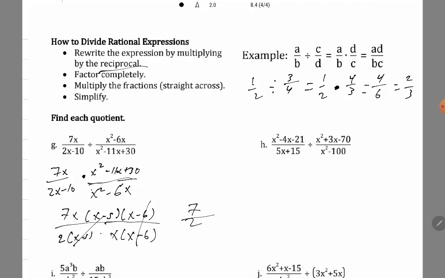Part H. So part H, once again, x squared minus 4x minus 21 over 5x plus 15 times, change division to multiplication, flip the second fraction using the reciprocal, flip.